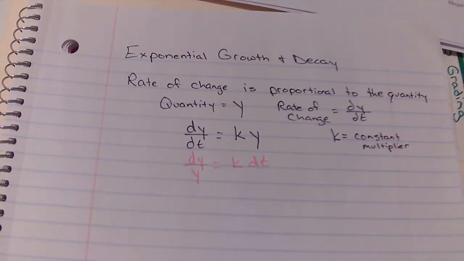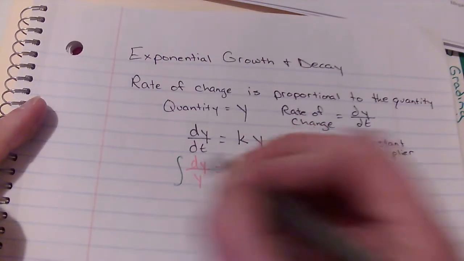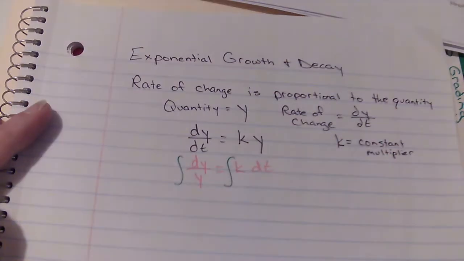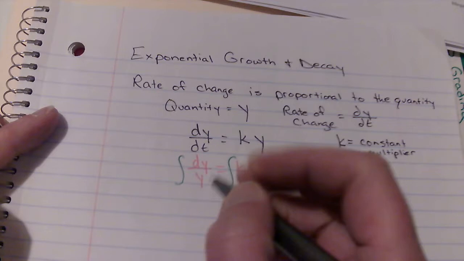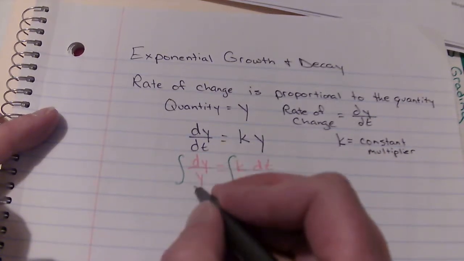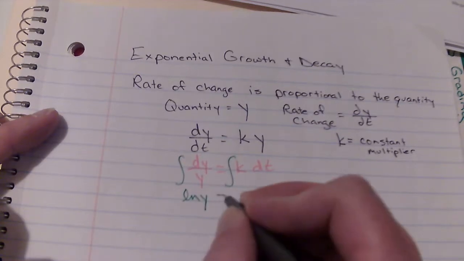Now we know how to solve a differential equation. We've done plenty of these. We're going to take the integral of both sides. So the integral of dy over y, that's like having 1 over y. That's the natural log of y.